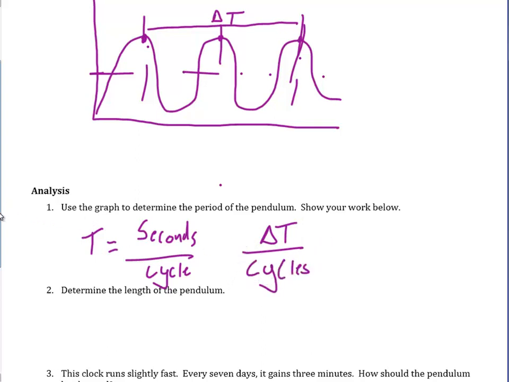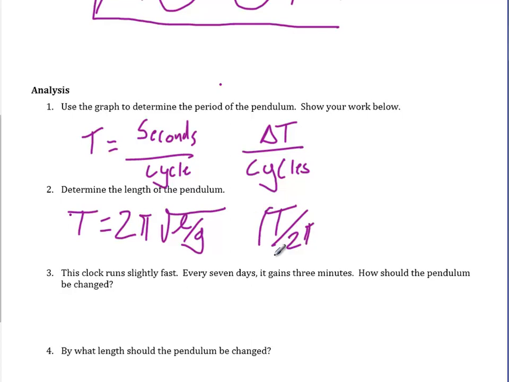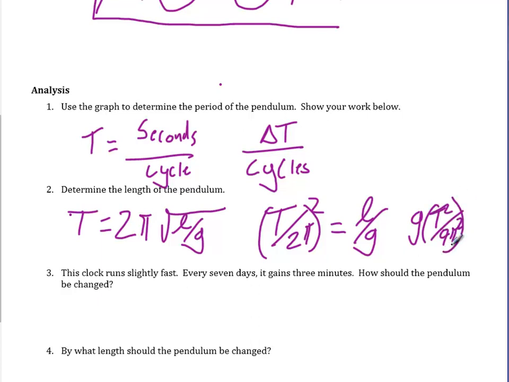From that you can determine the length of the pendulum, because T equals 2 pi times the square root of L over G. If we divide both sides by 2 pi and then square that, that equals L over G, and then multiply both sides by G, so G times T squared over 4 pi squared, I just distributed my square, equals L.